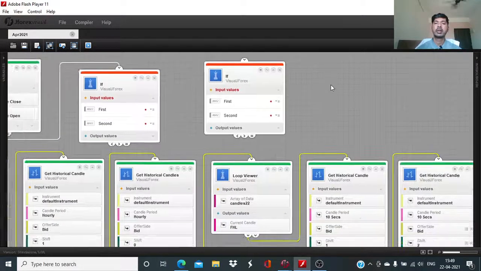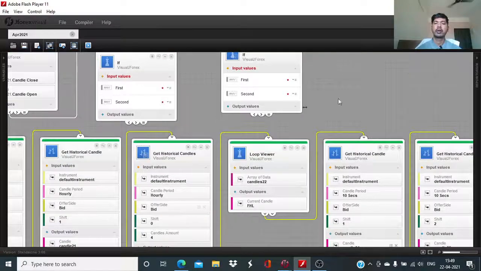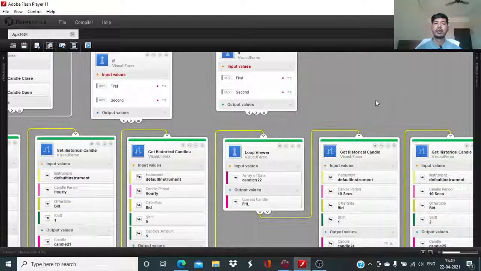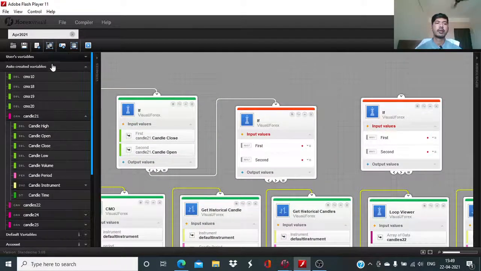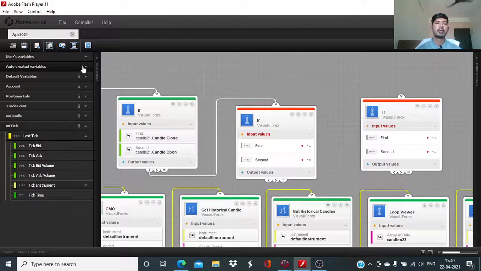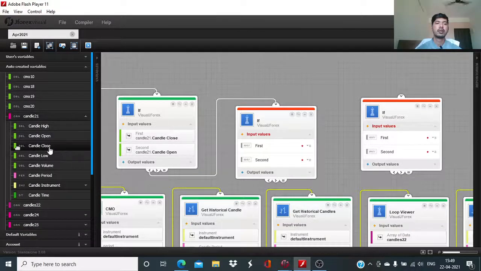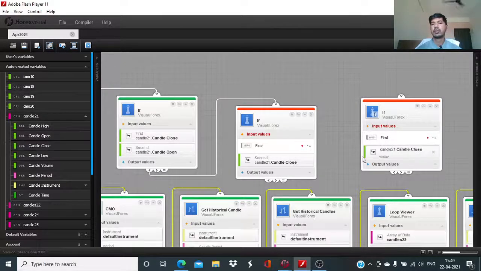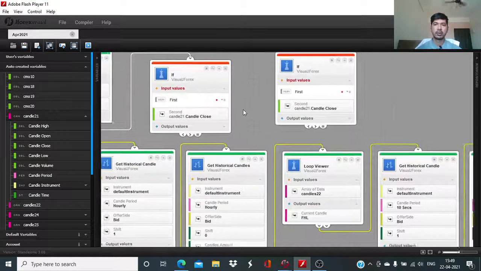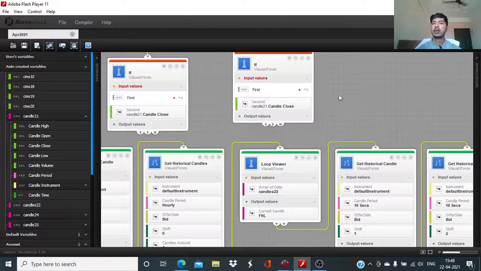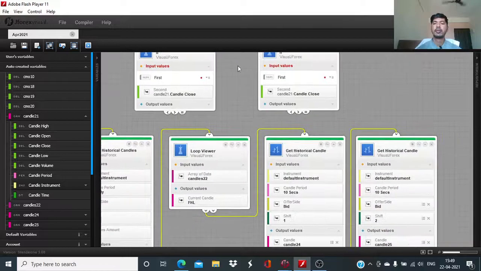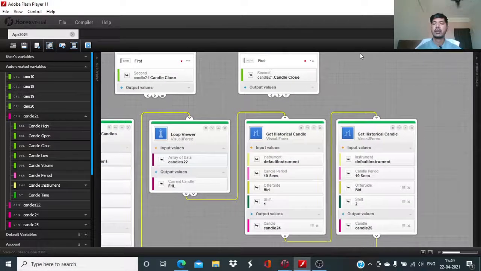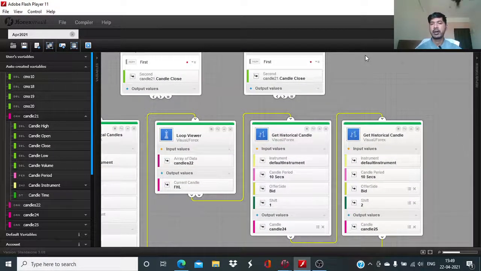In both these cases, again, we are going to need candle 21's closing level, and candle 24 and candle 25 close.